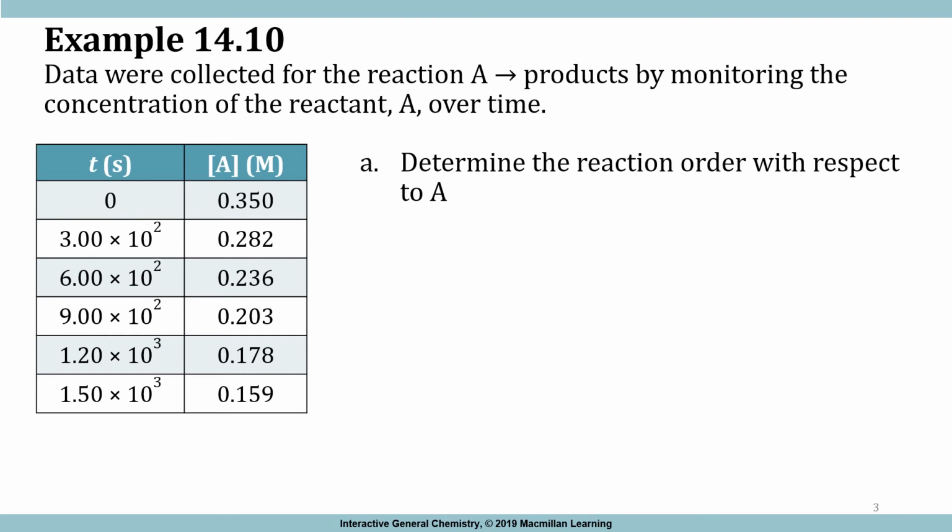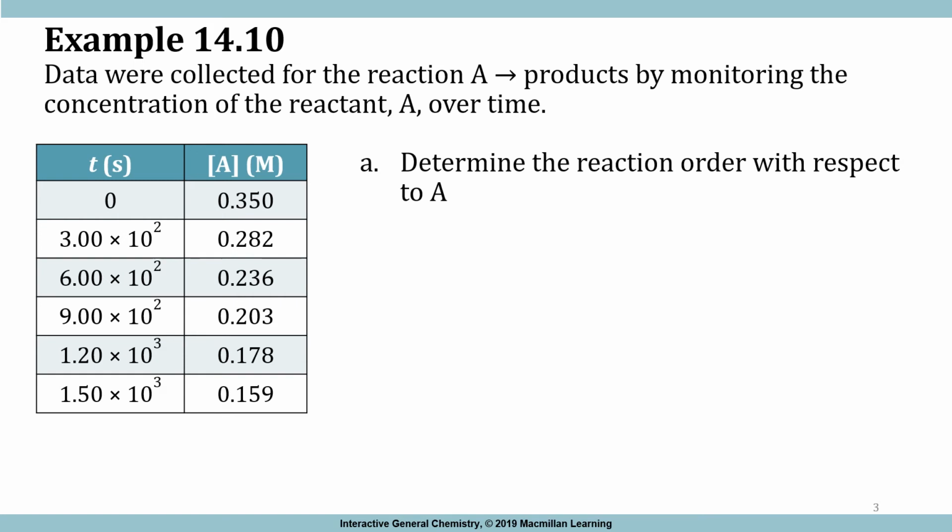Example 14.10 says data was collected for the reaction A becomes products by monitoring the concentration of the reactant over time. Part A says determine the reaction order with respect to A. So we're going to have to plot this using either Excel, Origin, or your LabQuest if you were in lab.